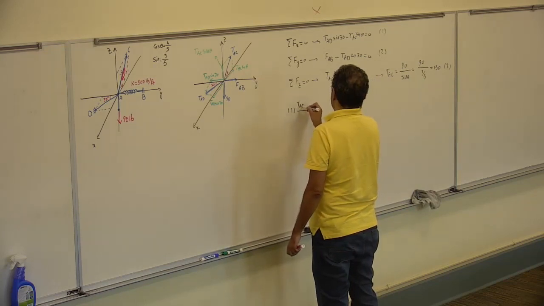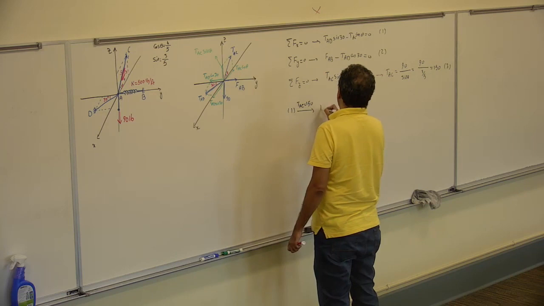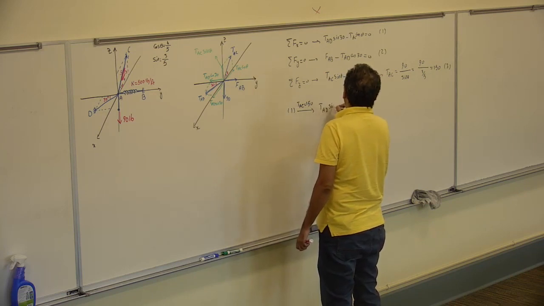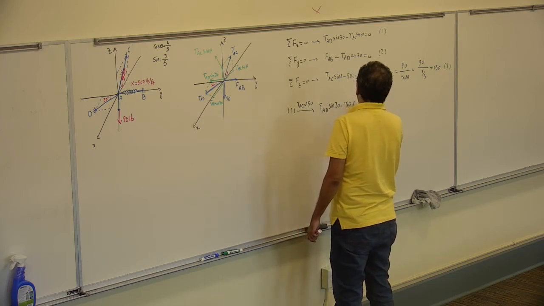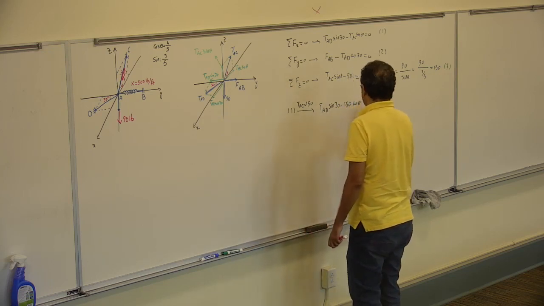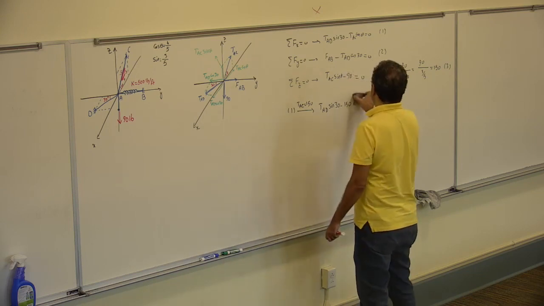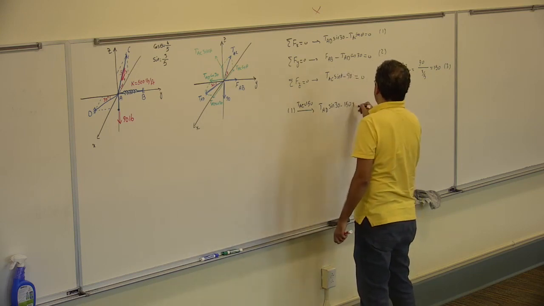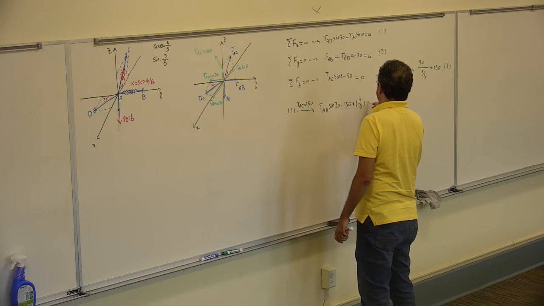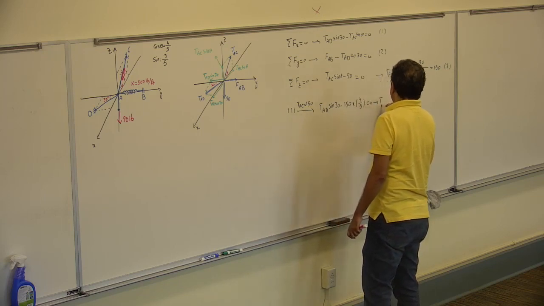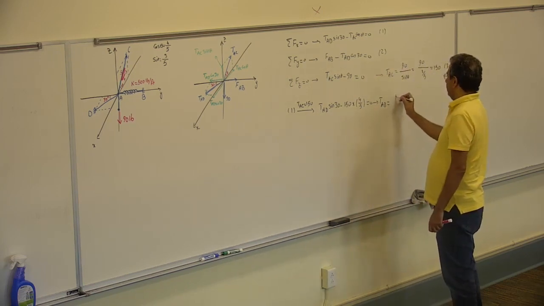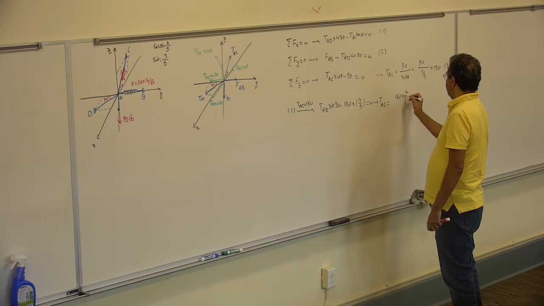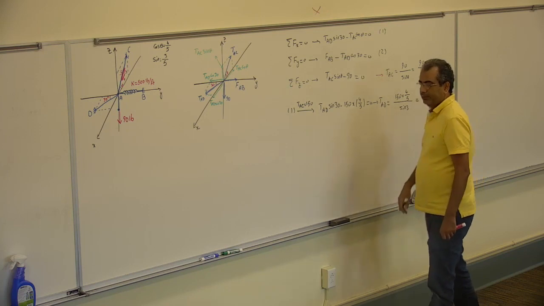TAC is 150, so TAD sine 30 minus 150 cosine theta, what was the cosine theta? 4/5. Equals 0, therefore TAD would be 150 times 4 divided by 5 divided by sine 30.